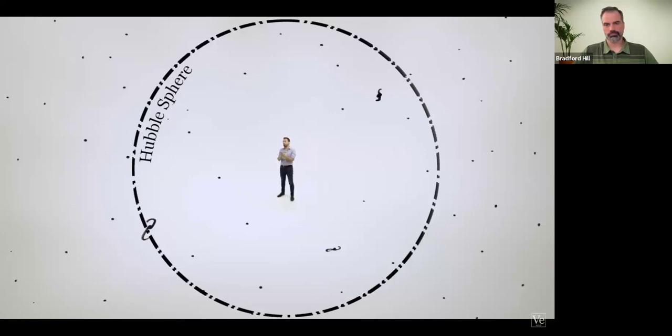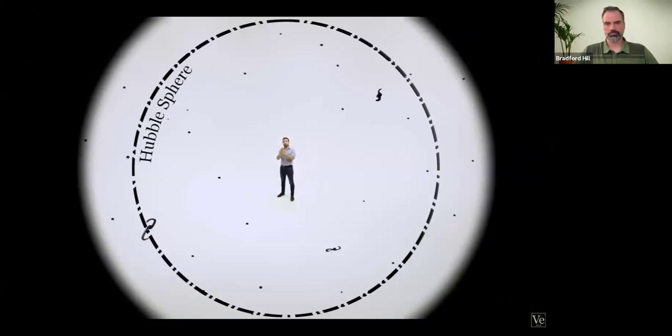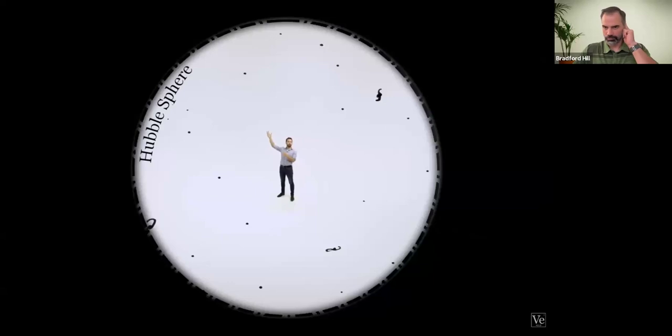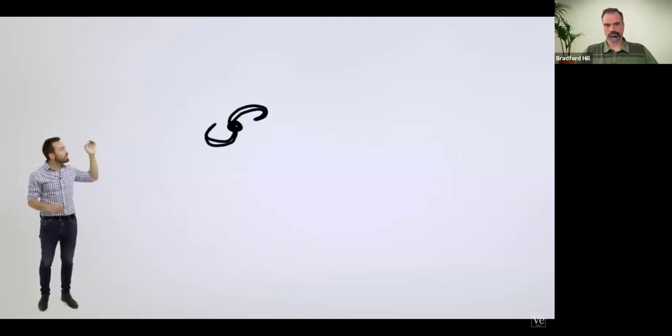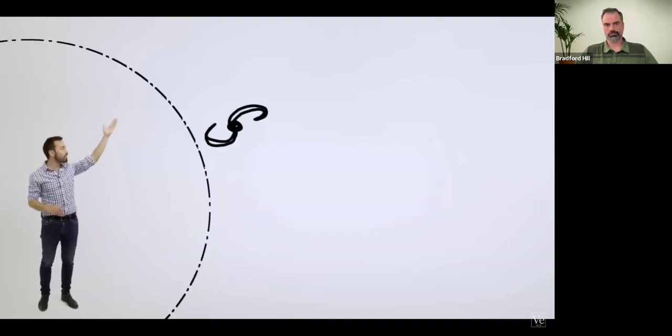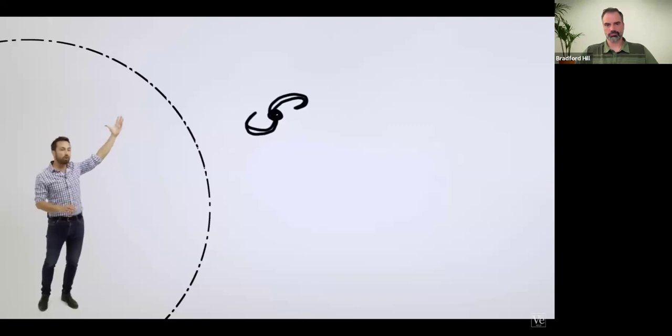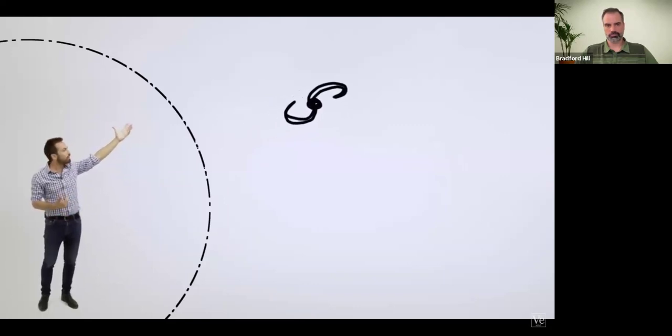So common sense would say we would never be able to see the light from those objects because of how fast they're moving away from us. But in fact, this is not true. We can see those objects. To understand how this could work, picture a galaxy beyond our Hubble sphere. It's receding faster than light. It's in a superluminal region of space from our perspective.